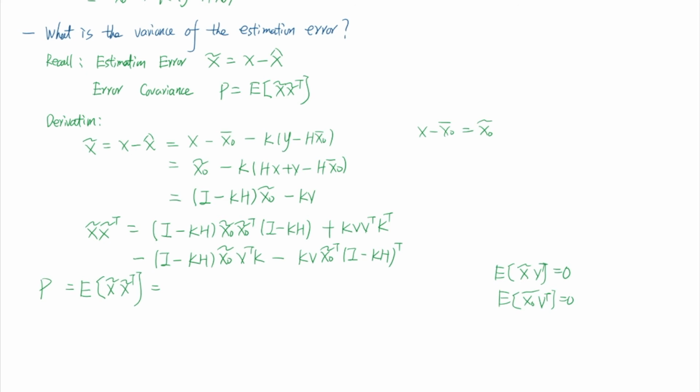So this just means that the states and the measurement noise are not correlated. And also, we realize that the expectation of x naught tilde times x naught tilde transpose is just P naught, and the expectation of VV transpose is just R.